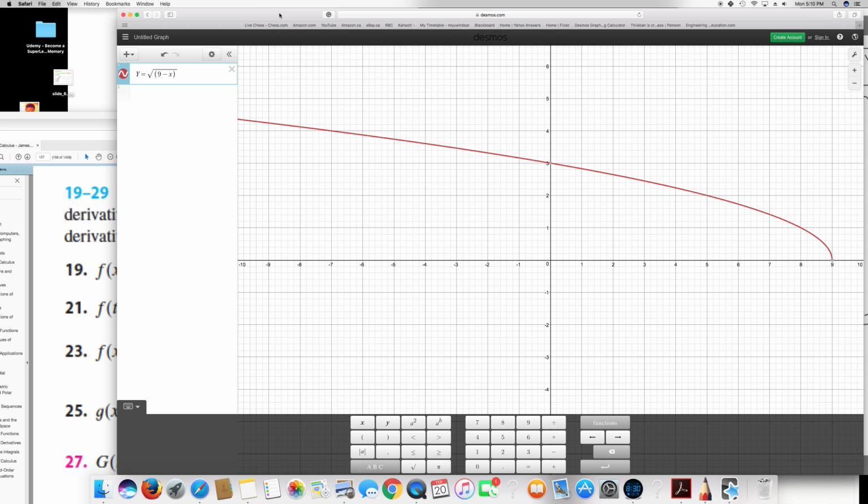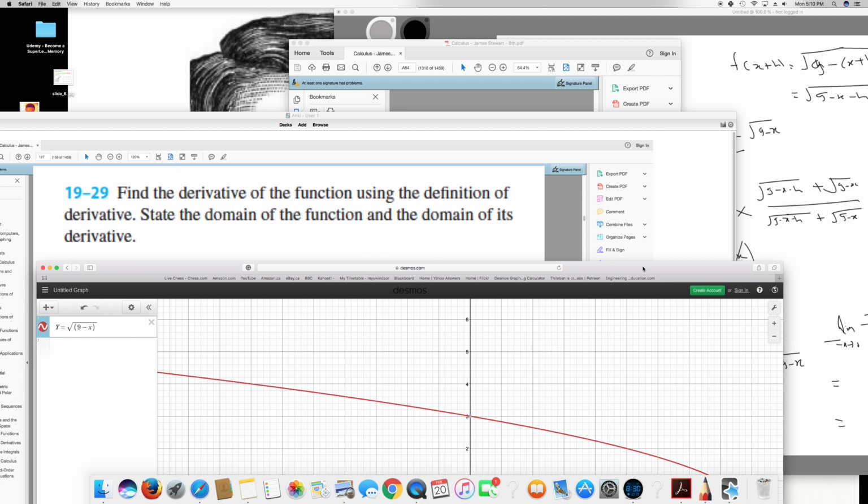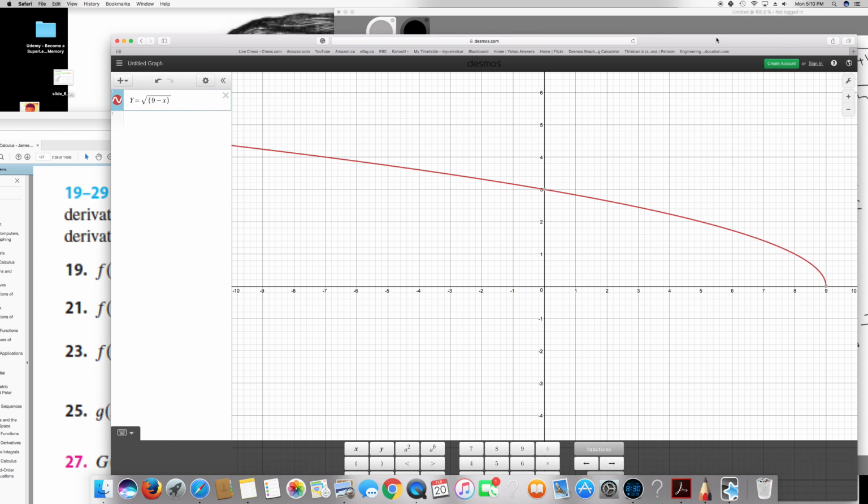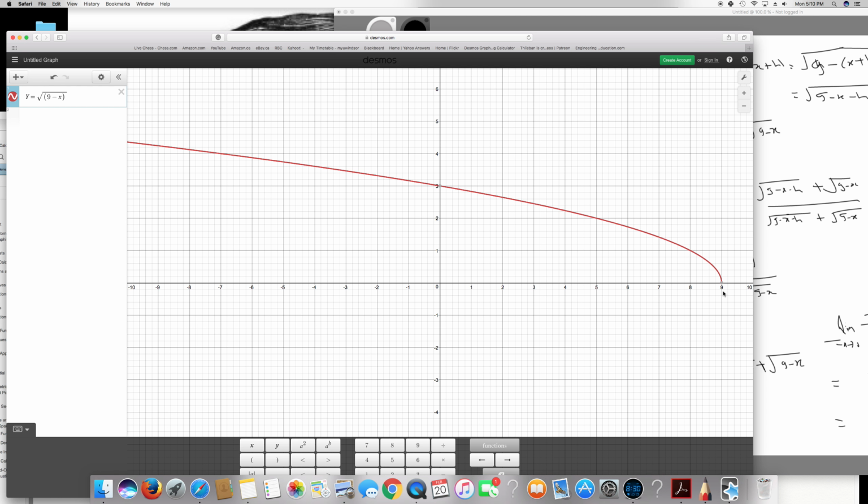If you see the graph, it's starting from the 9 because it can be 0, but it shouldn't be less than 0 because a negative value cannot be in the square root. Therefore, starting from the 9 and it's reflected on the y-axis and the graph goes like this. Therefore, the domain is negative infinity to 9.